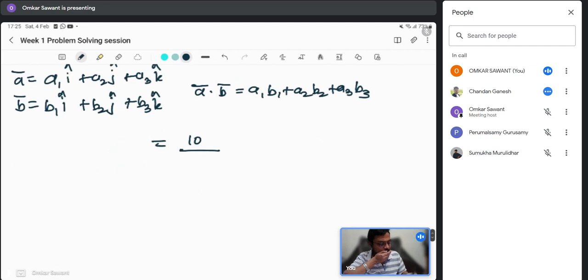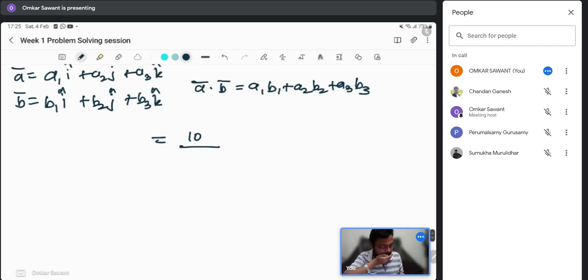Okay. See, whenever you take the dot product of a vector with itself, u1 bar dot u1 bar, it is the same as your length squared. Length is denoted by this norm. This thing is called the norm.